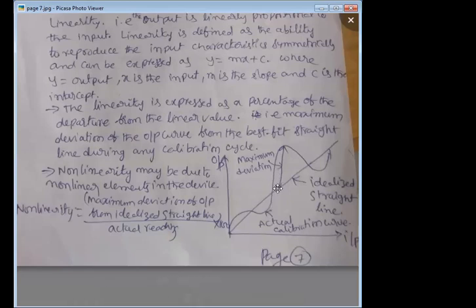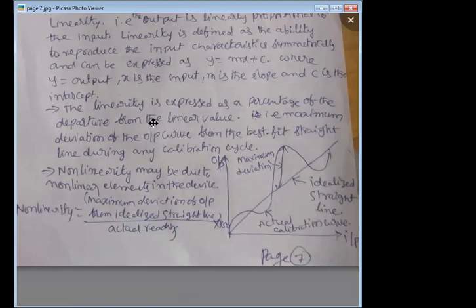How much the curve deviates at maximum from the linear curve is the maximum deviation of the output curve from the best fit straight line during any calibration cycle. The non-linearity may be due to non-linear elements in the device. The percentage of non-linearity is the maximum deviation of output from the idealized straight line to the actual reading, in terms of percentage.